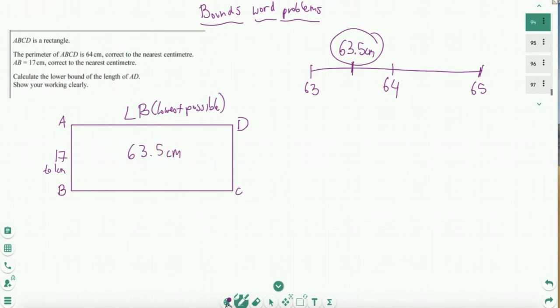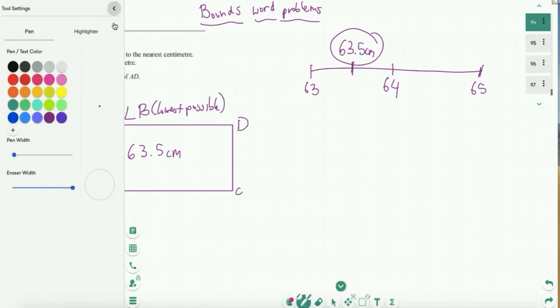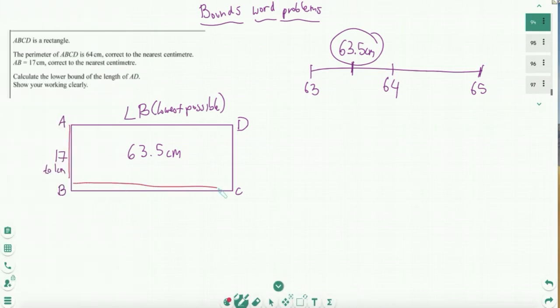Next, so we know all the sides must add up to 63.5. Now let's look at A to B. Well, we know A to B is approximately 17 centimeters to the nearest 1 centimeter. Do we want to find the upper bound or lower bound to make sure A to D is as short as possible?